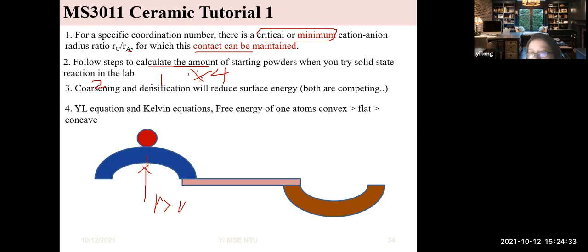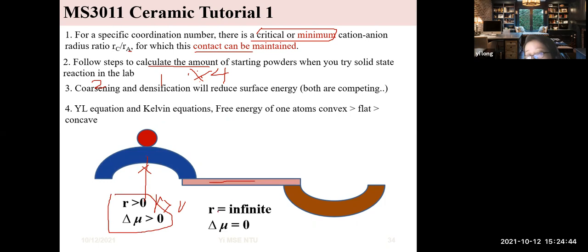In this case we call it convex. Convex has R larger than 0, so delta mu is going to be larger than 0. But if it's a flat one, R is infinity, so delta mu equals 0. If there's no shape constraint, it's just the same as outside. Like a balloon, inside we have a pressure, outside you also have a pressure.